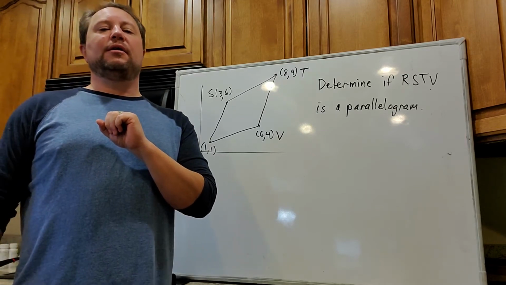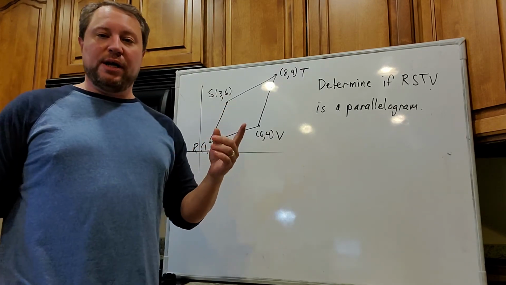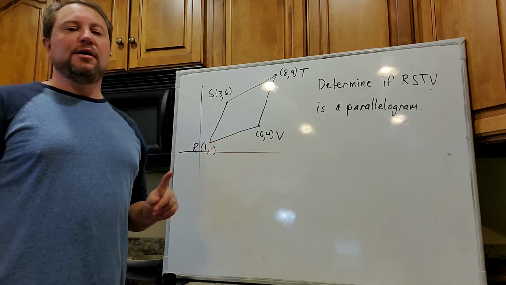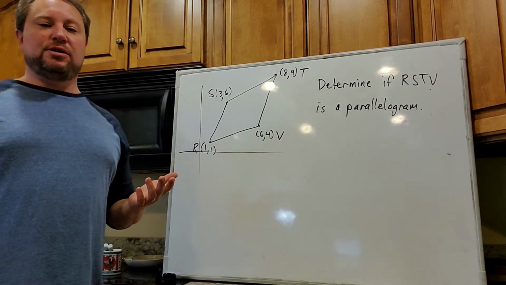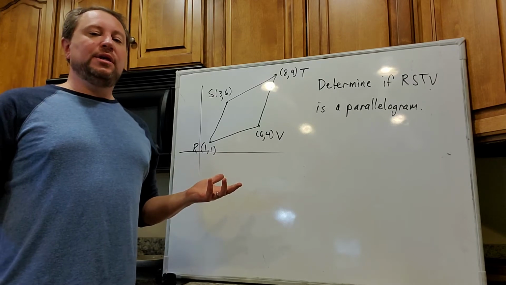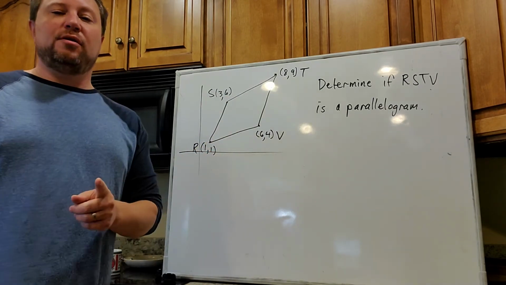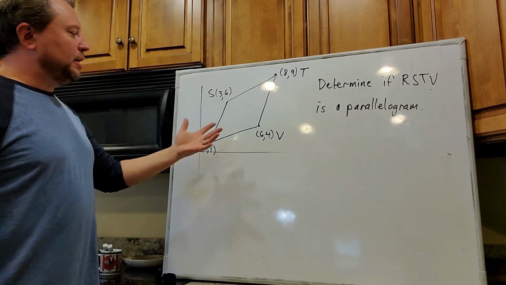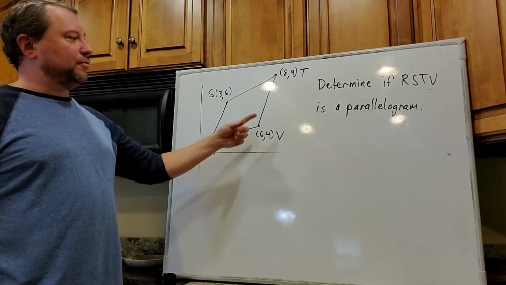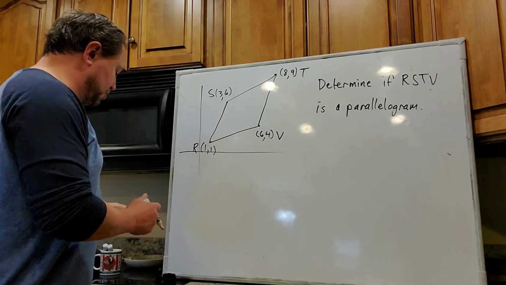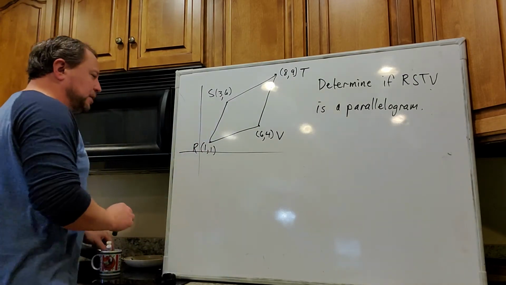That would be a later section that we're going to do in this chapter. But in the meantime, there is another way to determine if this is a parallelogram in our first section here, and that's simply to use the definition. By definition, again, we need to show the opposite sides are parallel, and there is a way to show that. We can show in an XY coordinate plane if these lines are parallel by checking their slopes. So that's what we're going to do on all these problems.